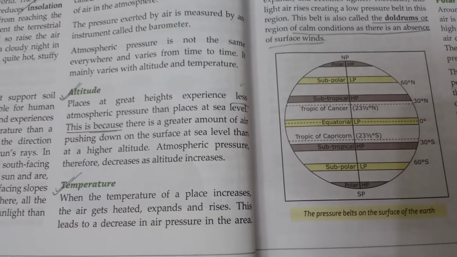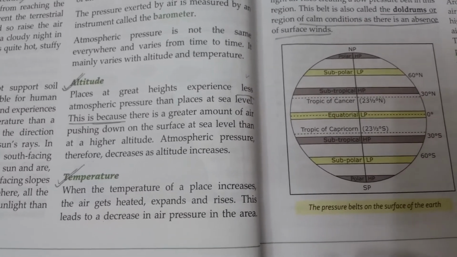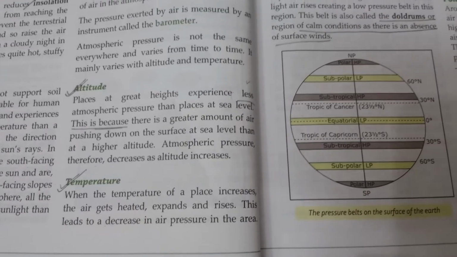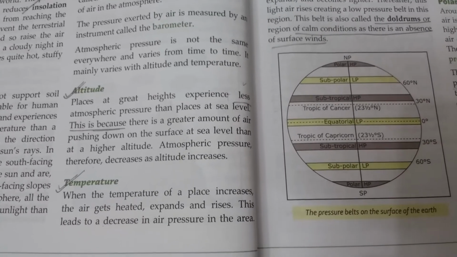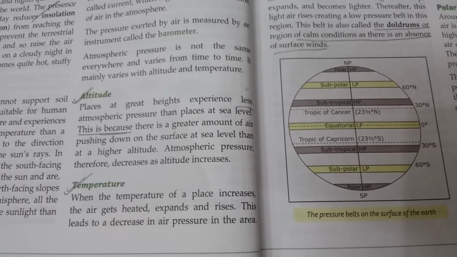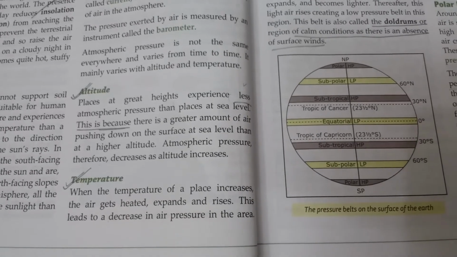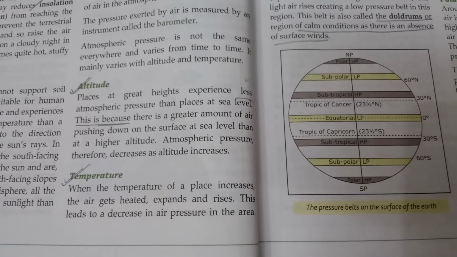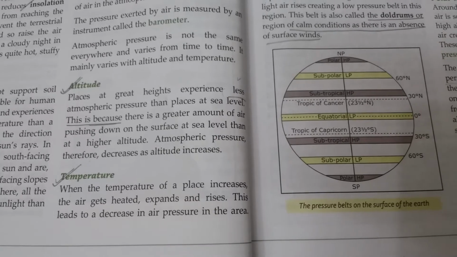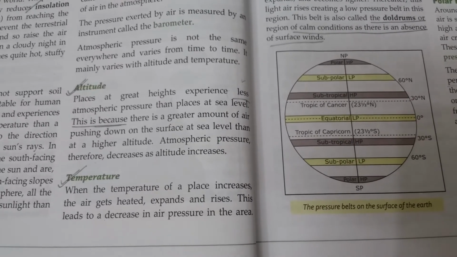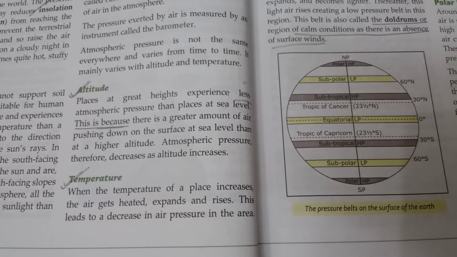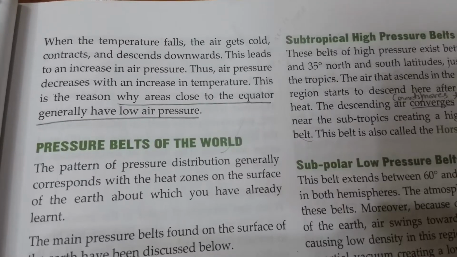The air expands on heating, and when it expands, its density becomes low, so it becomes lighter and it rises. So this leads to a decrease in atmospheric pressure in the area.